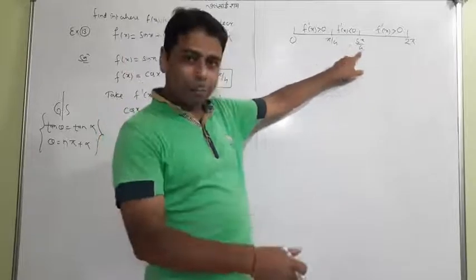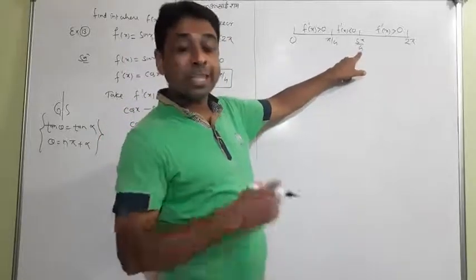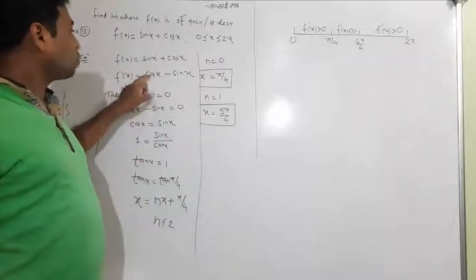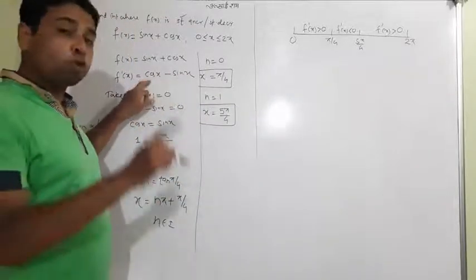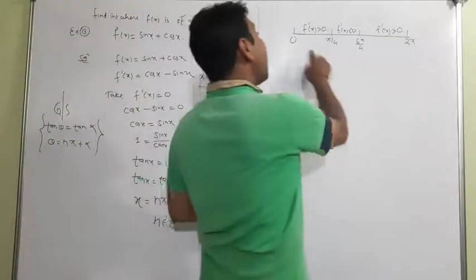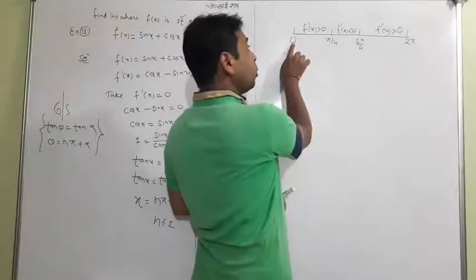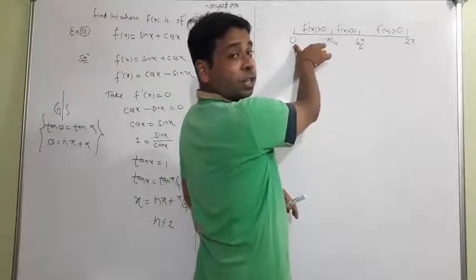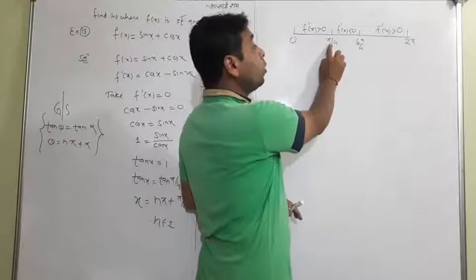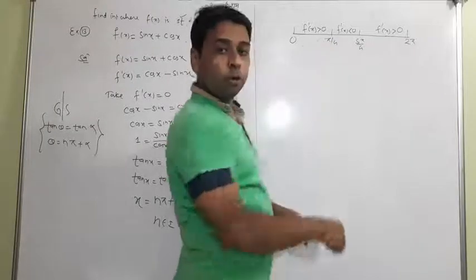This is again a point where f' was 0, it is excluded. And 2π: cos 2π minus sin 2π, cos 2π is 1, sin 2π is 0, again positive. So between them f' is positive, and at the critical points f' is equal to 0, so these will be excluded and all others included.